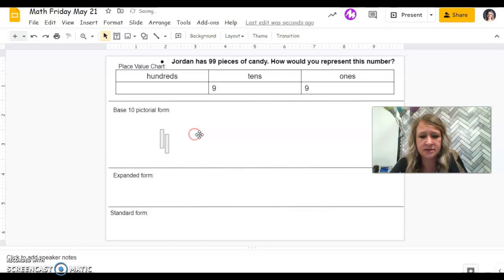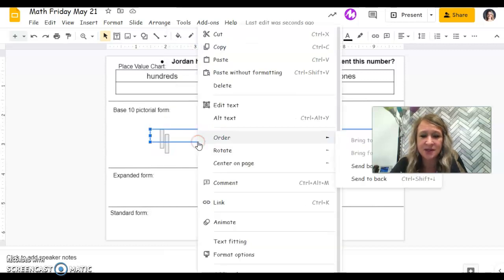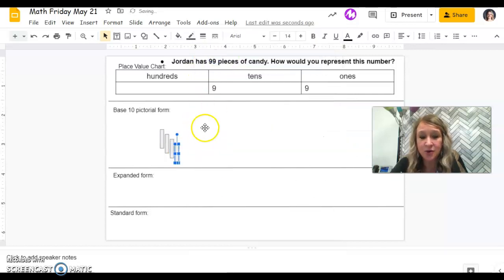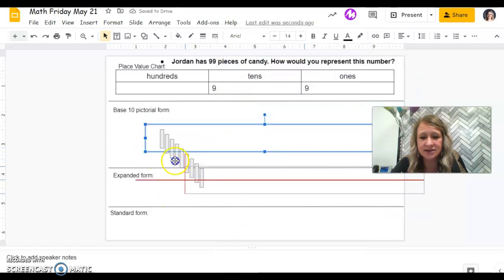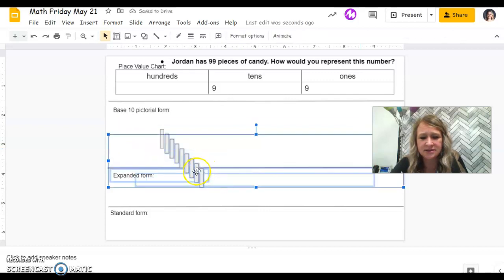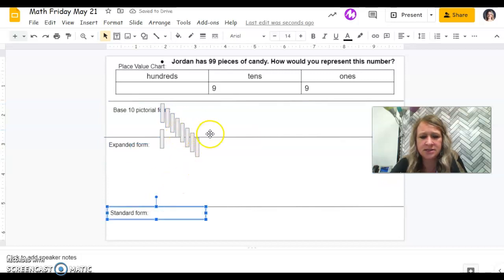Okay, so 3, 4, 5, 6, 7, 8, 9. Good deal. I need 9 longs. I wonder if I can move them up a little bit. All right, there's my 9 longs.